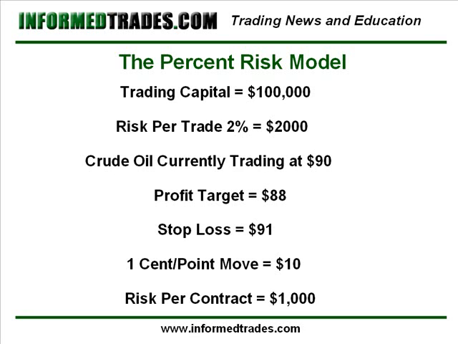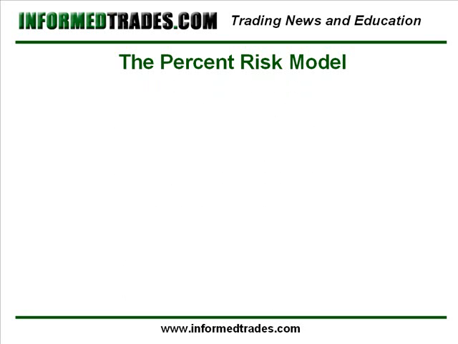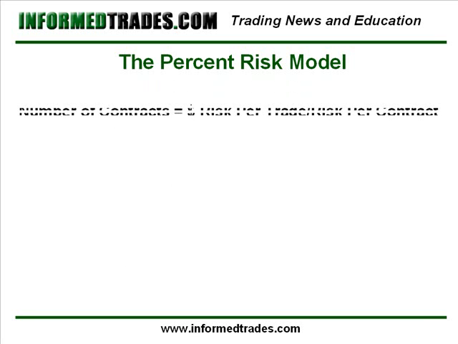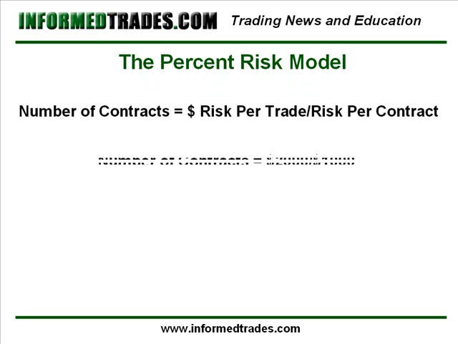Okay, now once you have that information, it's pretty easy to determine the contract size. The formula basically goes like this. The number of contracts equals the dollar risk per trade divided by the risk per contract, which we have from the last slide.